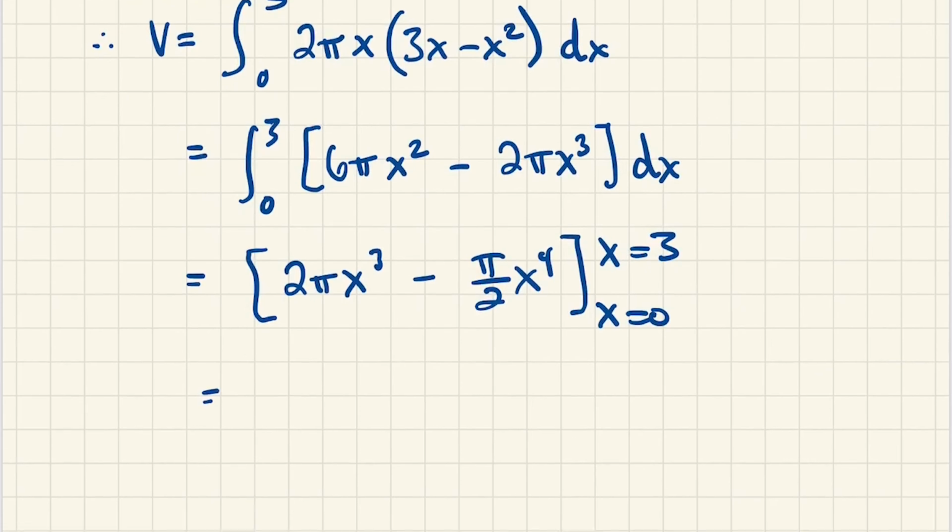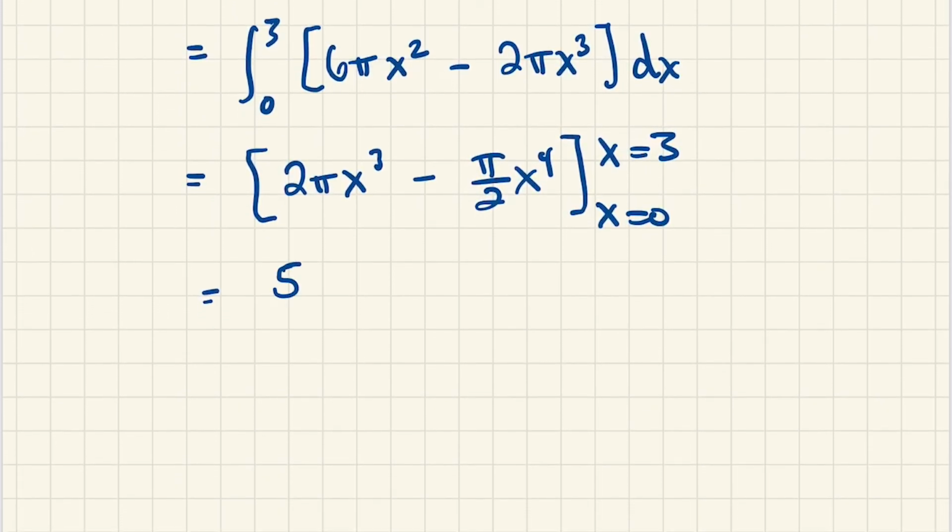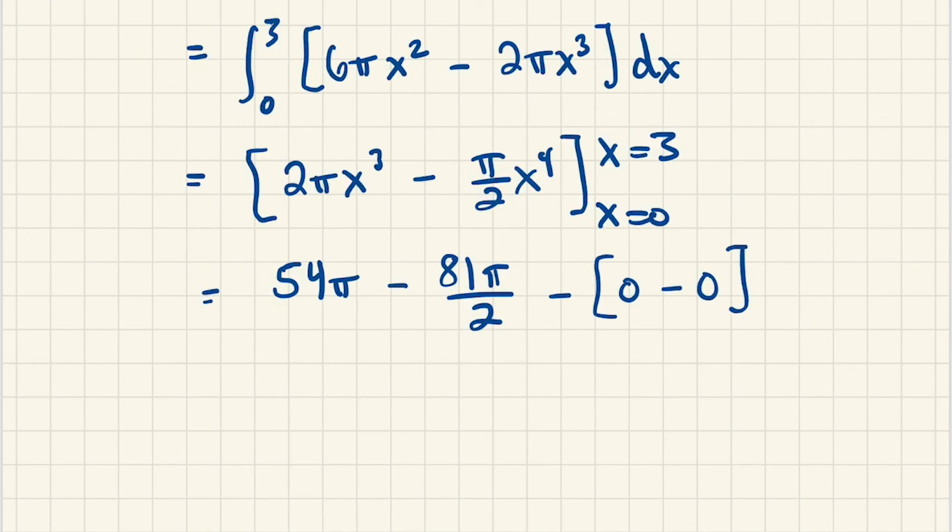So plugging 3 into this, 3 cubed is 27, 2 of those is 54, minus 3 to the 4 is 81, so we get 81 pi over 2. And then plugging 0 in will just be 0 minus 0, which is very convenient. And 54 doubled is 108, so that's 27 away from 81. So this is 27 pi over 2.